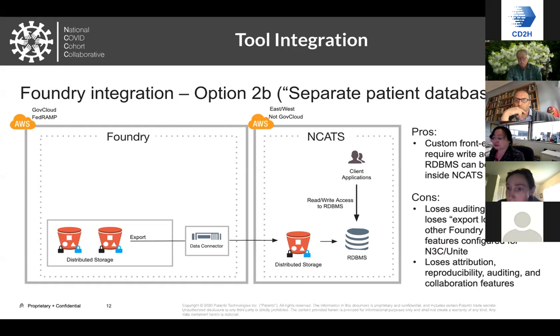The upside about this option is that there are many applications which, in order to run, have to have read and write access to an RDBMS. And so I believe Atlas is one of these examples. And so if we want to run tooling such as Atlas in this environment, then we would have to pick one of these options. The option that would preserve the native user experience of applications such as Atlas would be this one.